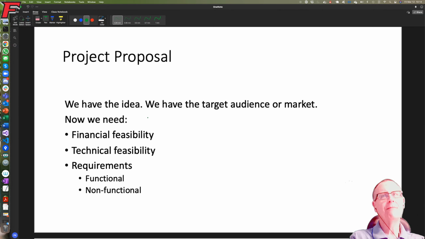So the aim is to write out in more detail what we're going to do, why we're going to do it, and who we're going to do it from, and what the benefit is. And I'm not going to be too concerned with the financial feasibility.